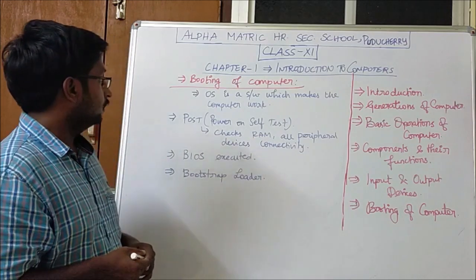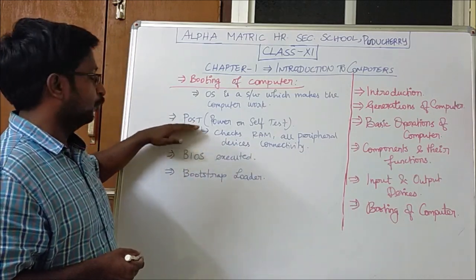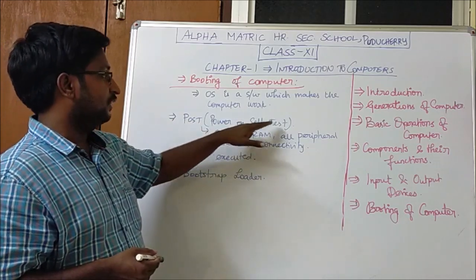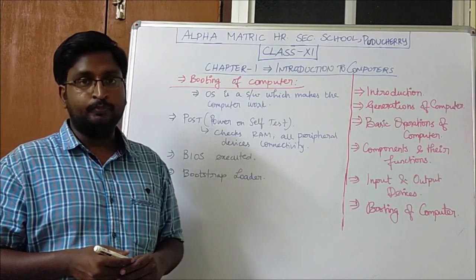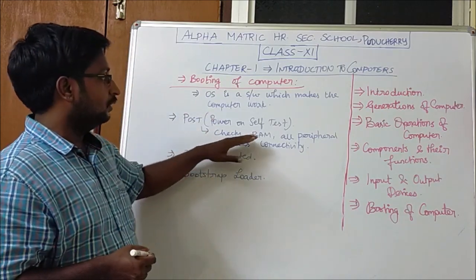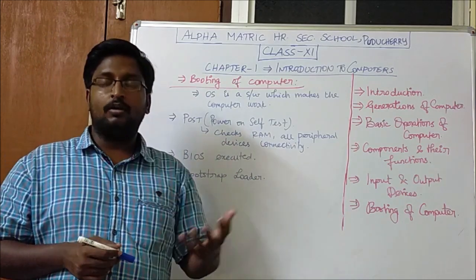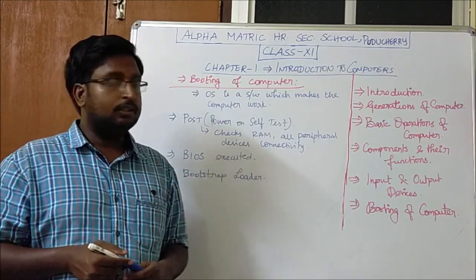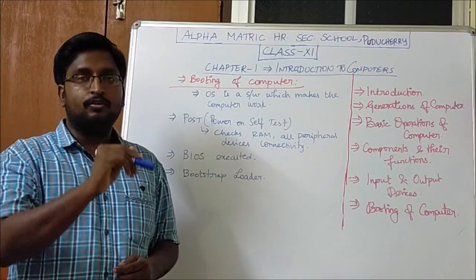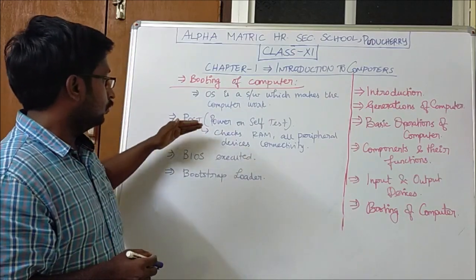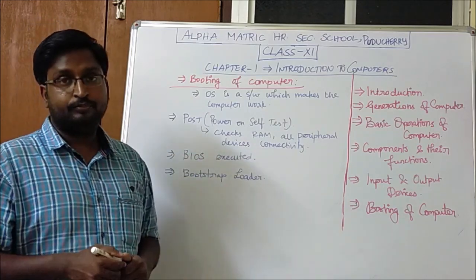From that read-only memory, the first step, the POST, power on self-test, gets initiated from the ROM. There it checks the RAM and all peripheral devices, such as keyboard, mouse, printer, all the devices connected to the computer; all the connectivity will be checked. Once everything is okay, it moves on to the next step, the basic input-output system.